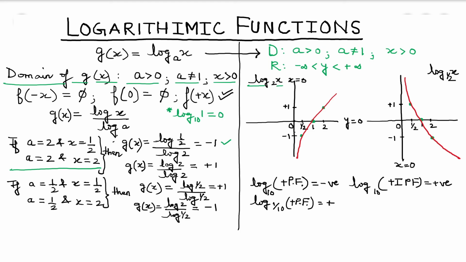Here the answer will be positive. And when you take the log of a positive improper fraction, which is a fraction greater than plus 1, to the base 1 by 10, refer to the graph, and from here you'll be able to say that the answer is negative. Hope you will understand this and take your learning to the next level.